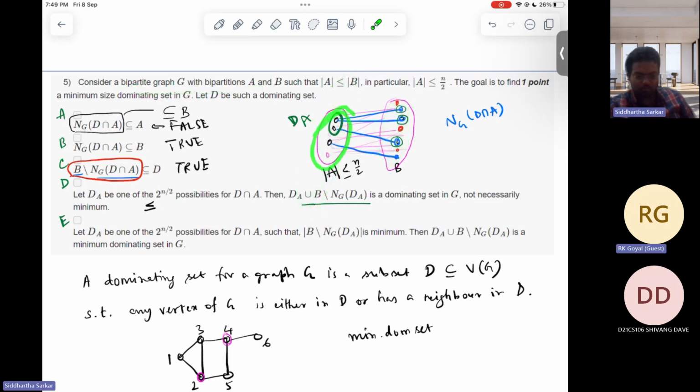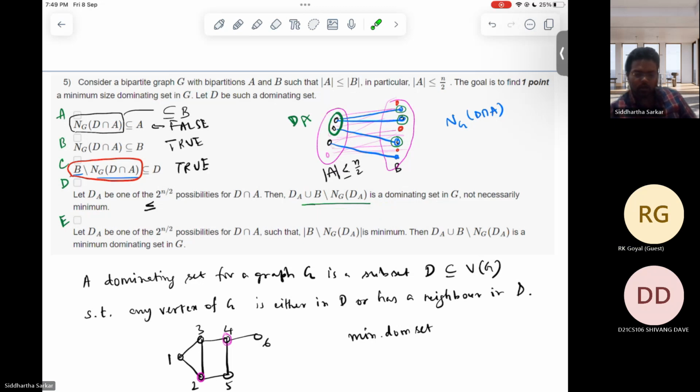Because A is smaller, you take a small part of A and everything not in the neighborhood of that small part, and of course it's a dominating set, but there is no guarantee that it is a minimum dominating set, because you could probably take some other subset of A that would cover many more neighbors in B. So there is no guarantee that any subset of A will give you a dominating set when you apply this formula.